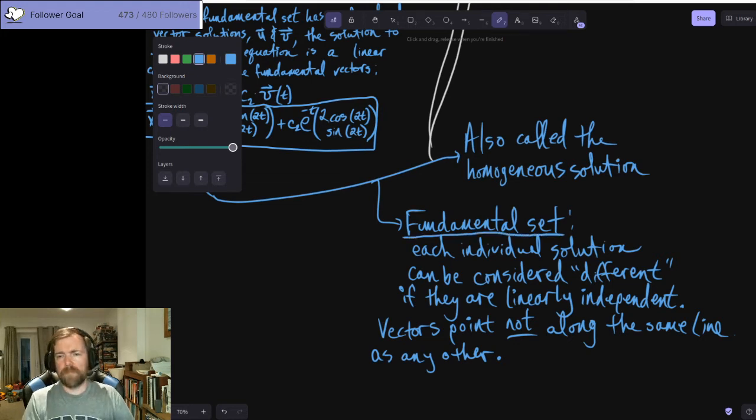Okay. So what we said was in our linear independence bit, matrices vectors are going to be linearly independent of each other.